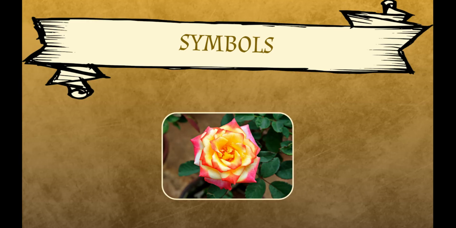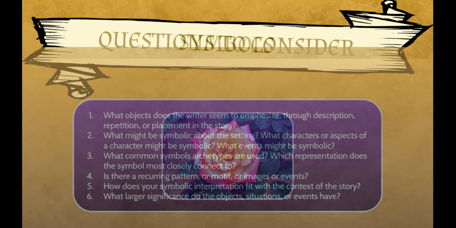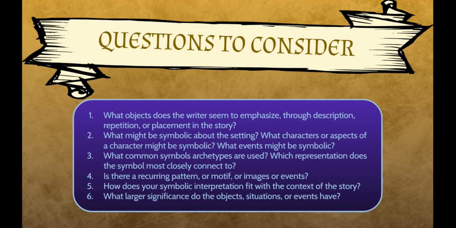So you're just kind of looking at those symbols and how they reflect other things about the characters. So things that we want to kind of look at, what objects does a writer seem to emphasize? So if something is really focused on, then probably it's going to be symbolic of something. So if you get long paragraphs describing one single object, think how that might be symbolic.